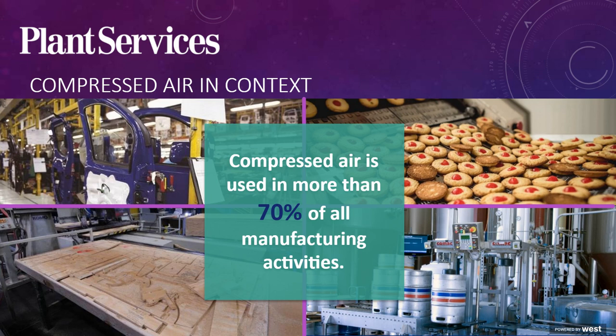Compressed air is only one facet of plant operations that impacts these areas, but in some plants, it might play only a minor role. Generally speaking, compressed air is mission critical in nearly every facility. It powers more than 70% of all manufacturing activities. If compressed air is not delivered at the right air quality and quantity, production costs increase as both plant equipment function and production quality can be compromised.